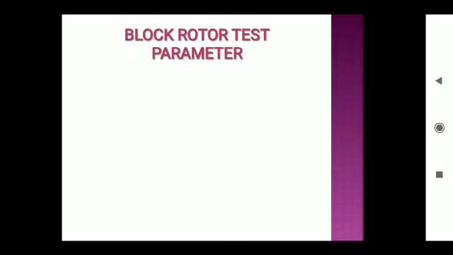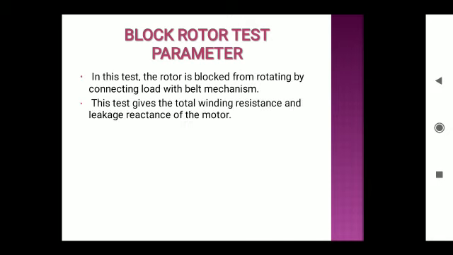And here the block rotor test parameters. In this test, the rotor is blocked from rotating by connecting load with a belt mechanism. This test gives the total winding resistance and leakage reactance of the motor, that is cos phi s equals Ps by root 3 Vs into Is. Vs is the short circuit voltage, Is is the short circuit current, and Ps is the total power input on short circuit.